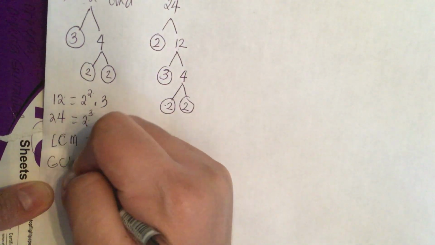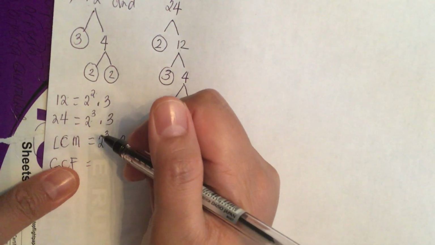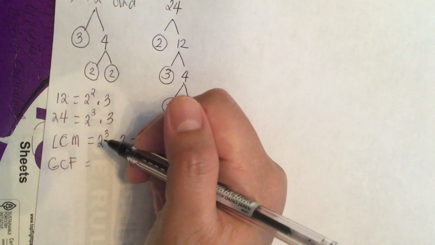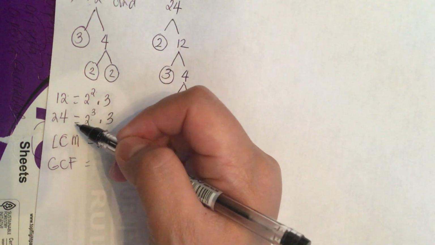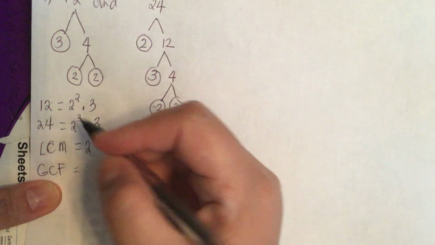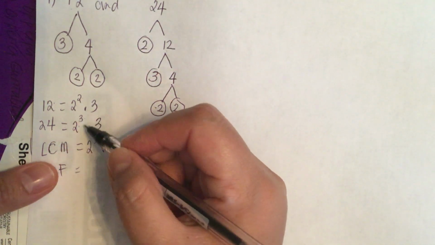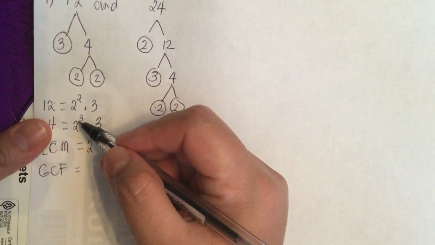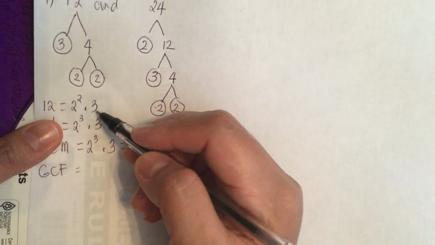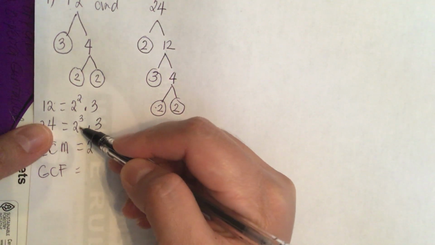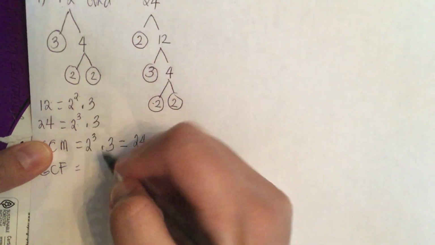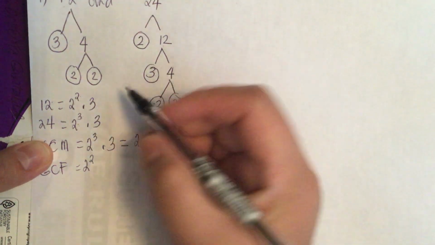Now the GCF is the greatest common factor. It is the biggest number that will divide into both 12 and 24. It's easier to remember if you think of it this way: the GCF is the number that has the smallest occurrence. 2 occurs 2 times here, and in here 2 occurs 3 times, so we take the smallest occurrence, the 2 squared.